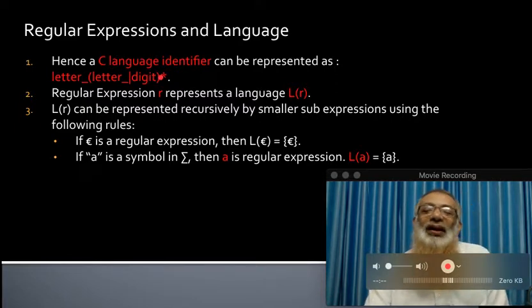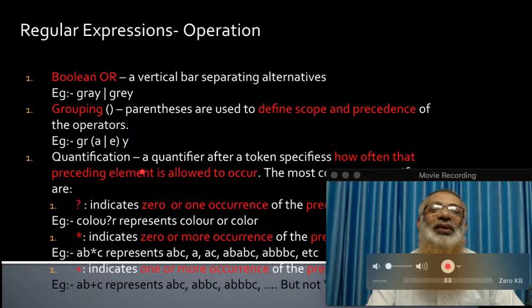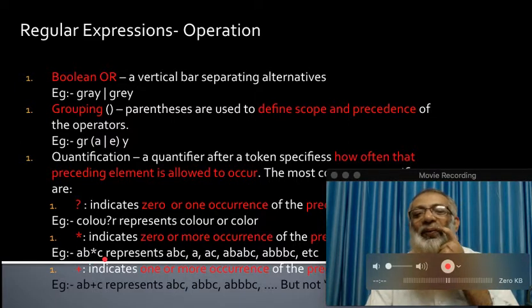Now we can see that every regular expression has a language. Let us take the preceding examples. Here we have A, B star C. We can see that there are a lot of strings that match this regular expression.